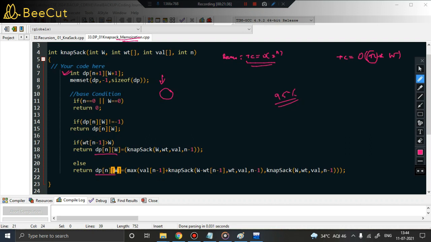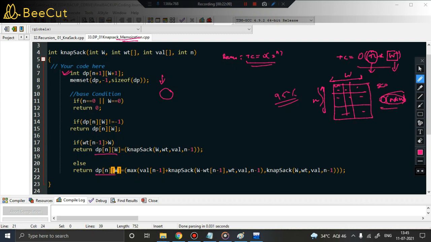So it depends upon the number of items cross the capacity of the knapsack w, because we are creating a table corresponding to the number of items and the capacity of the knapsack w, and we are finding the solution to every subproblem here. Considering the space complexity, it will be order of n cross w only, because this is the dimension of the table. So you see that the 0-1 knapsack problem using memoization can be solved in order n cross w time, and space complexity also n cross w.